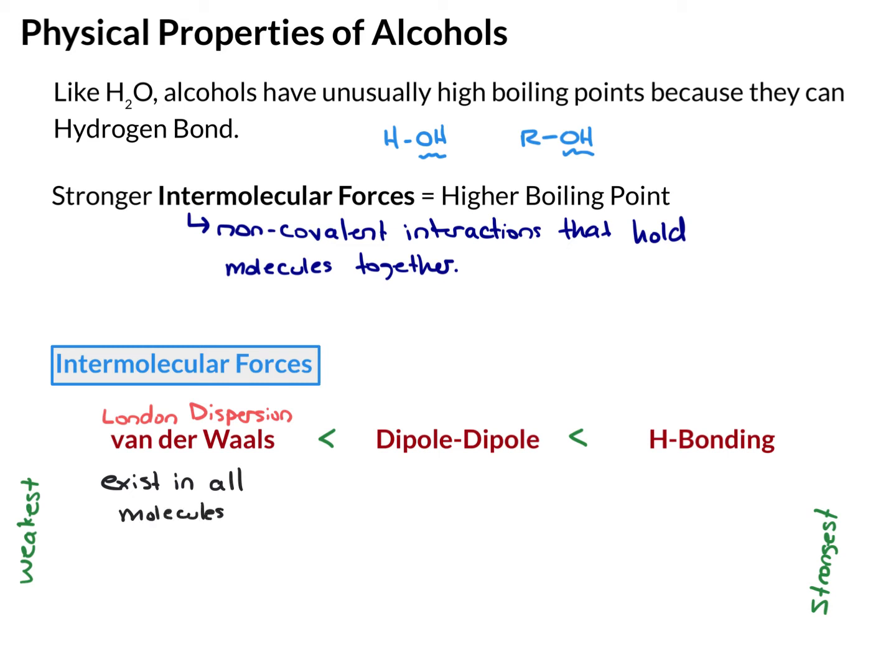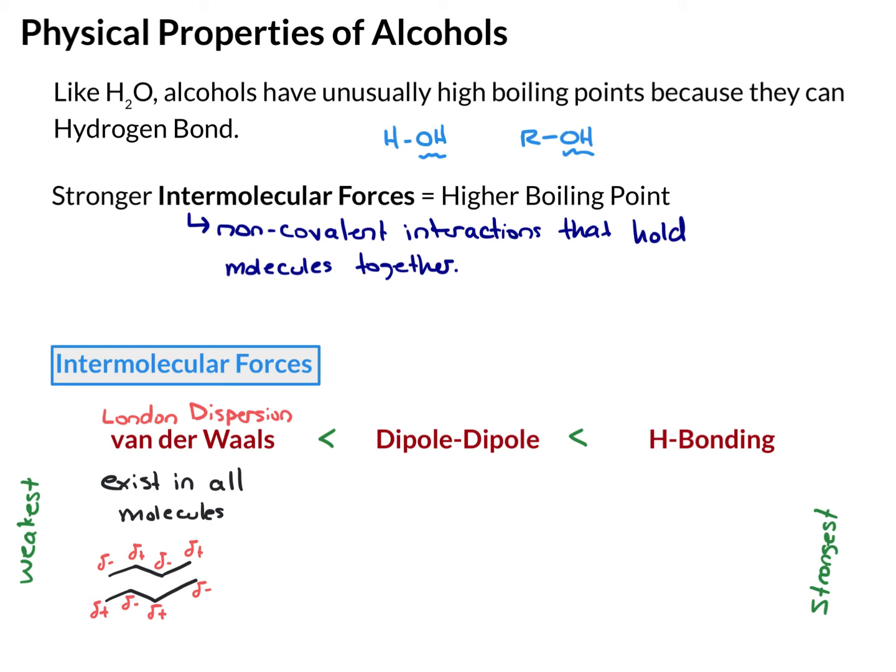And these are essentially very slight temporary dipoles that are existing even in compounds that we don't think about having dipoles. For example, if you have two molecules of butane, at any given time, there's going to be some electron polarization in this chain to give alternating charges. And then a second molecule at any given time may have the opposite alternating charges.